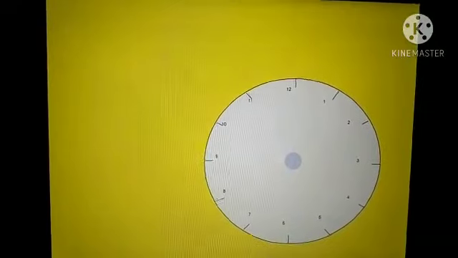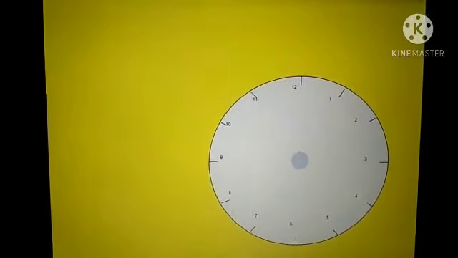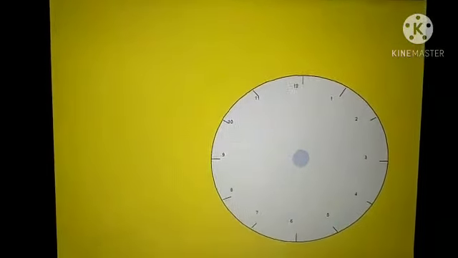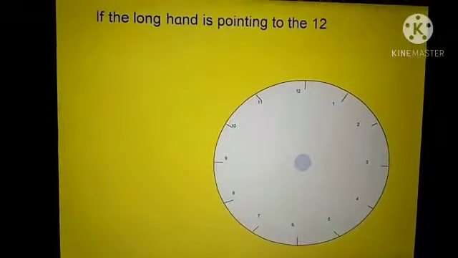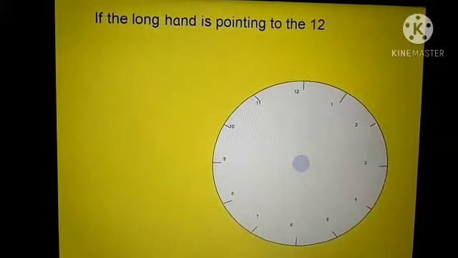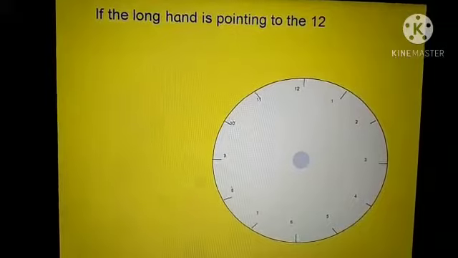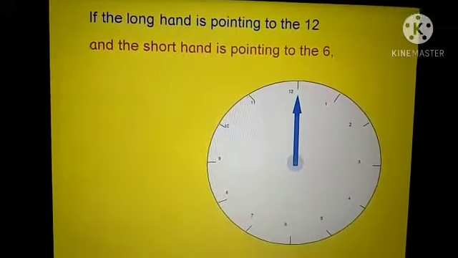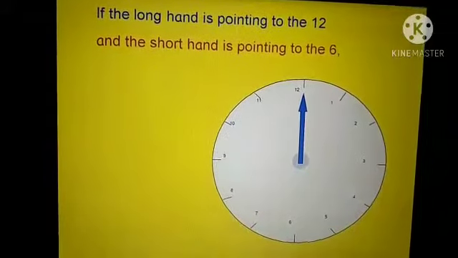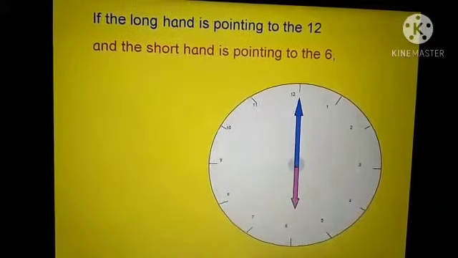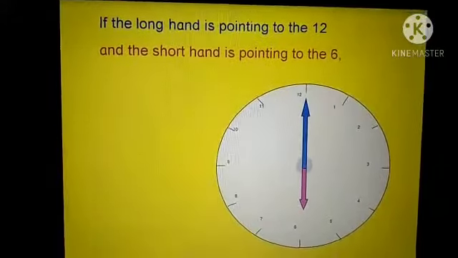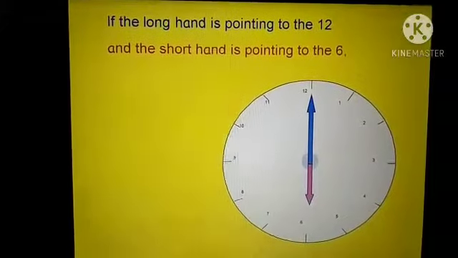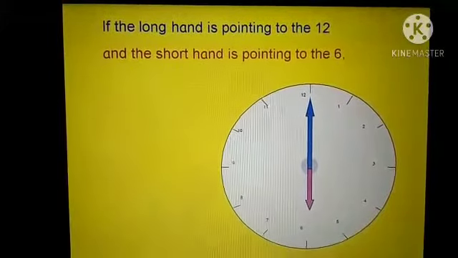Now again, look what time we will get. If the long hand is pointing to the 12 and the short hand is pointing to the 6, can anyone guess what is the time now? Guess?